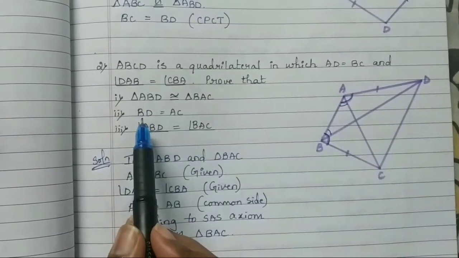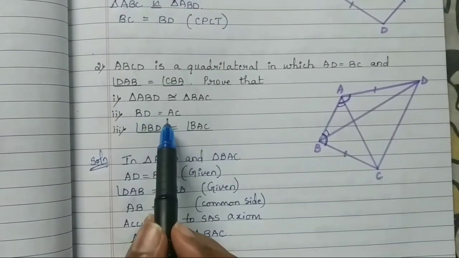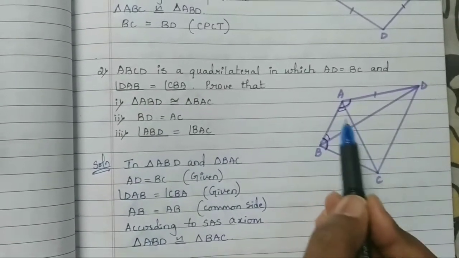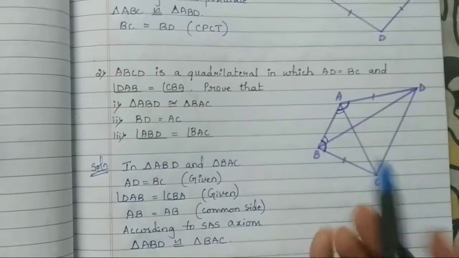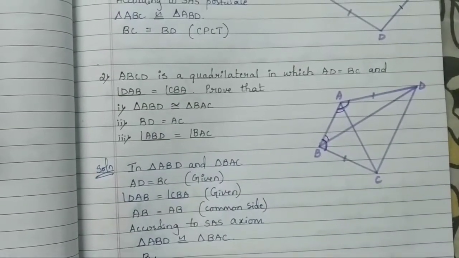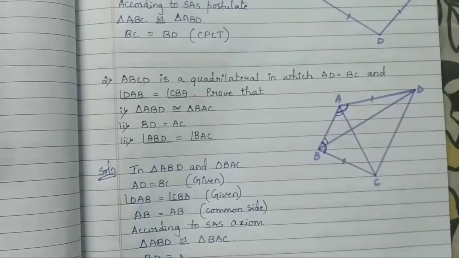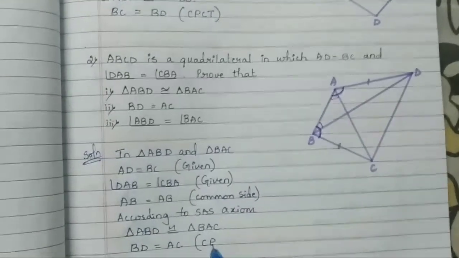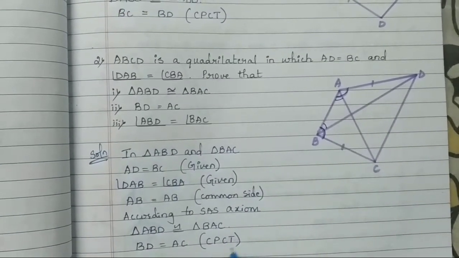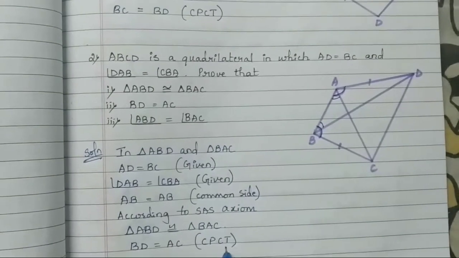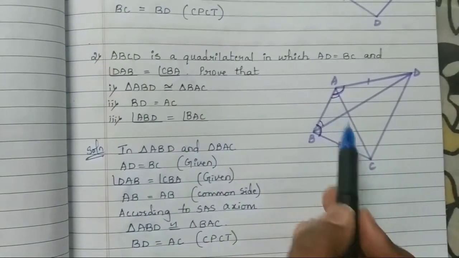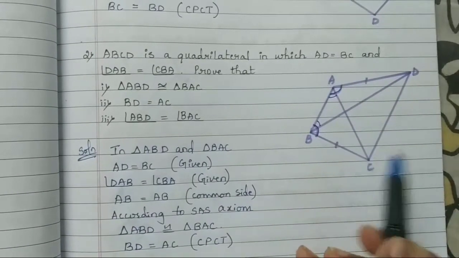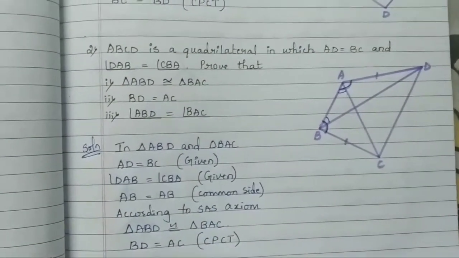The second thing to prove is BD is equal to AC. As both the triangles are congruent, we can write BD is equal to AC because of corresponding parts of congruent triangles, CPCT.